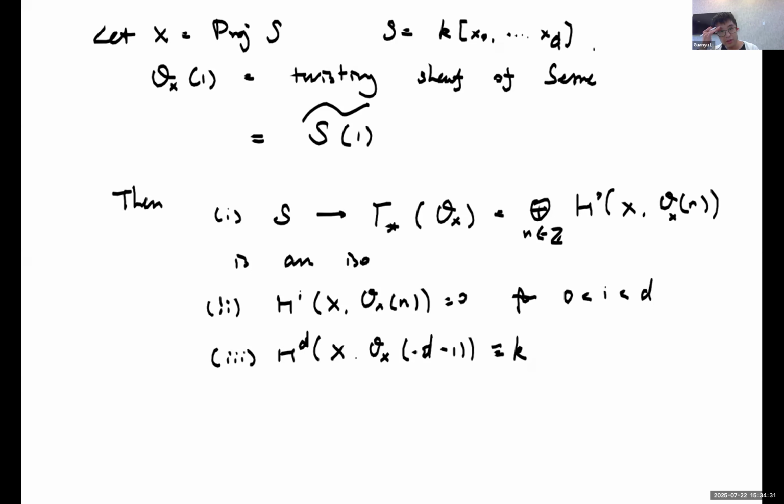Basically, I would like to say all the classifications of curves and surfaces, maybe some other things, are really rooted back to the computation of cohomology of the twisted sheaves on projective spaces. This is the very fundamental theorem of all the classification theorems in algebraic geometry. And let me talk about it a little bit.